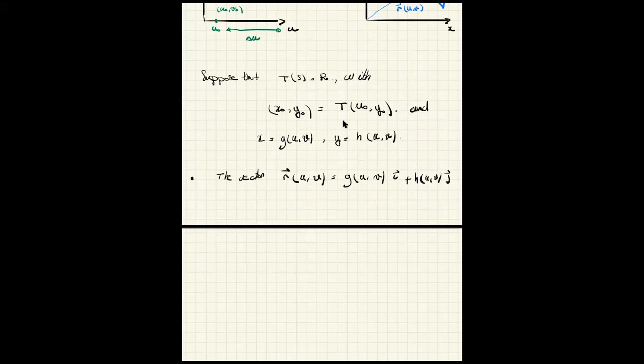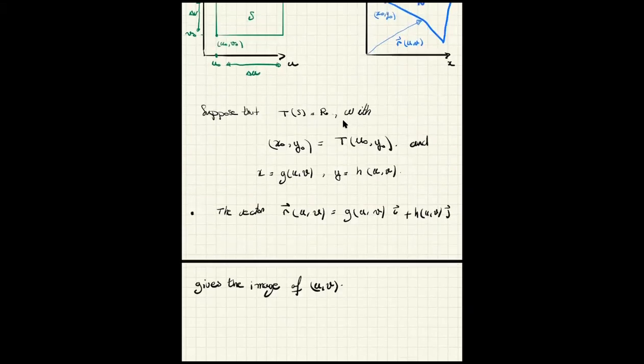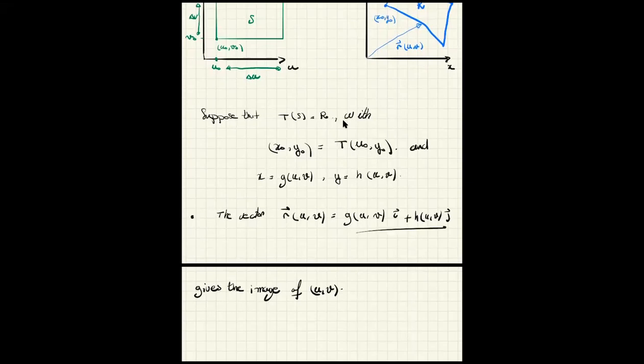Gives the image of u, v. Okay, that's clear. So this point is just this point here.